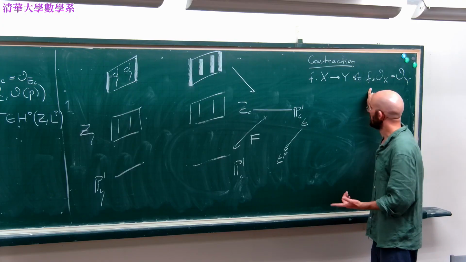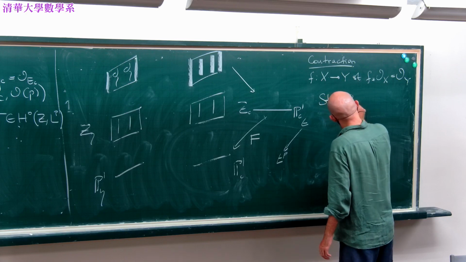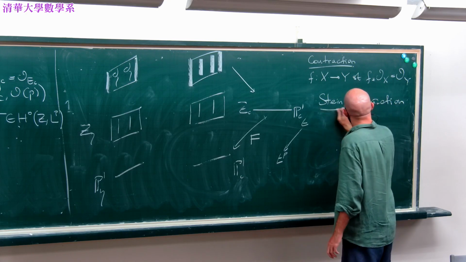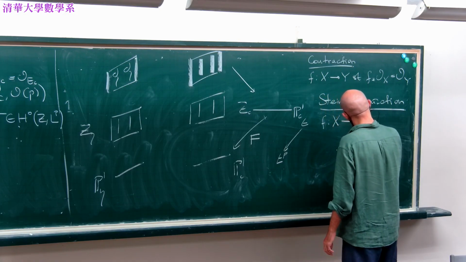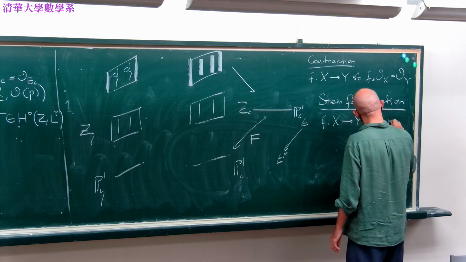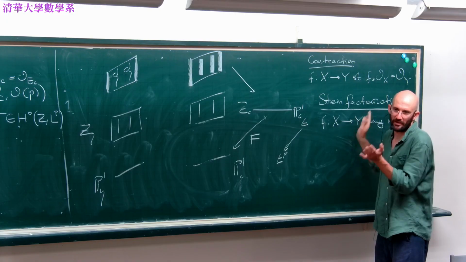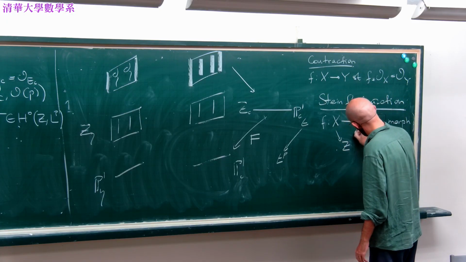The reason it fails is that there is something called Stein factorization. This says that if you have f from X to Y, any morphism, proper, then you can always break it down like so.